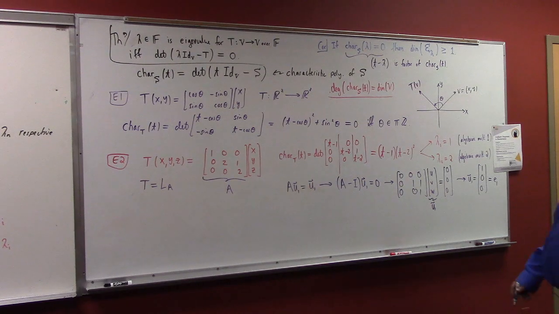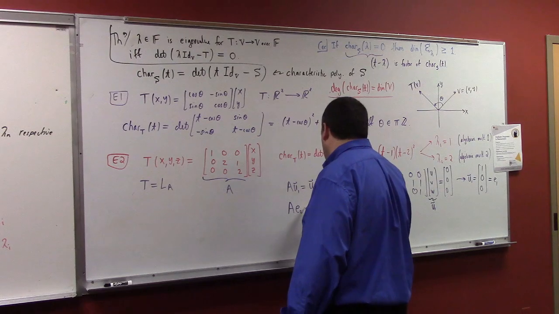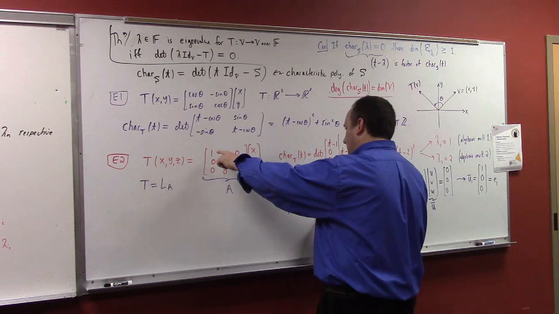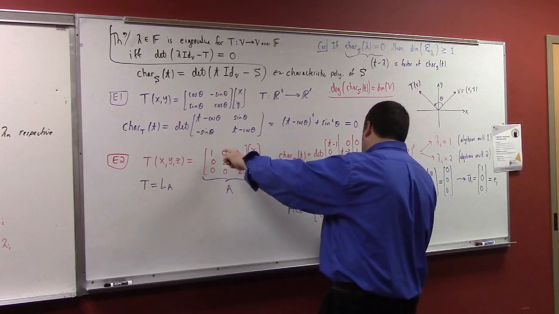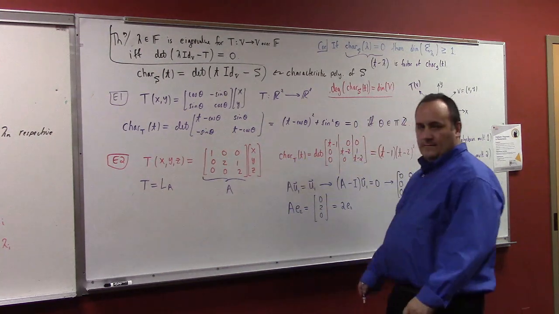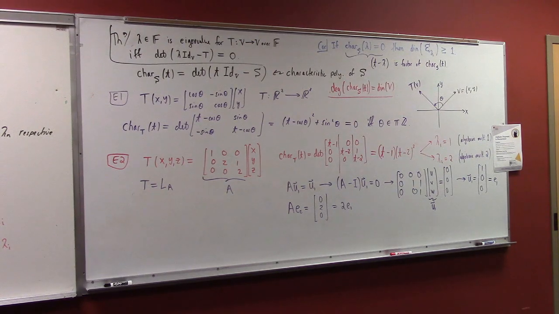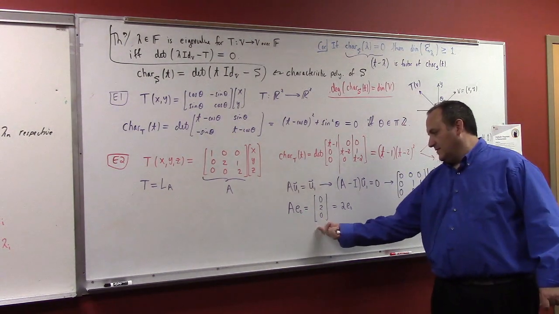All right, and you can try it out. What happens if we calculate AE2? What's it equal to? AE2 would be the second column, which would be 0, 2, 0, which would be 2E2. So column 2 of A is that.